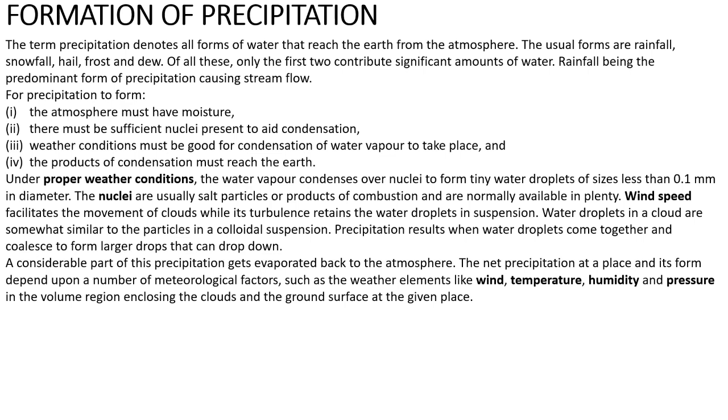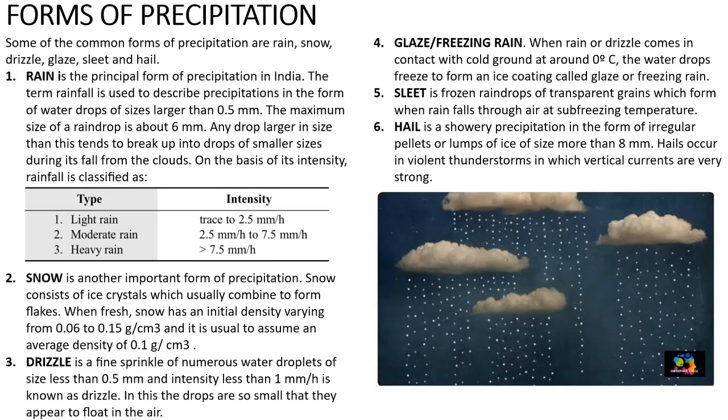So the water droplets must reach yung Earth's surface. So all in all these elements, yung weather conditions, wind speed, nuclei, the temperature, humidity, and pressure, they all act and affect condensation or precipitation.